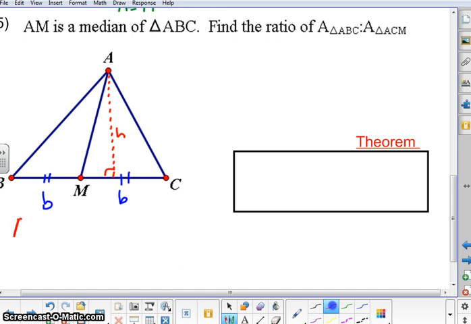And if you look at triangle ABC, then you know that the area would have to be 1/2 2b from here to here, 2b times h.